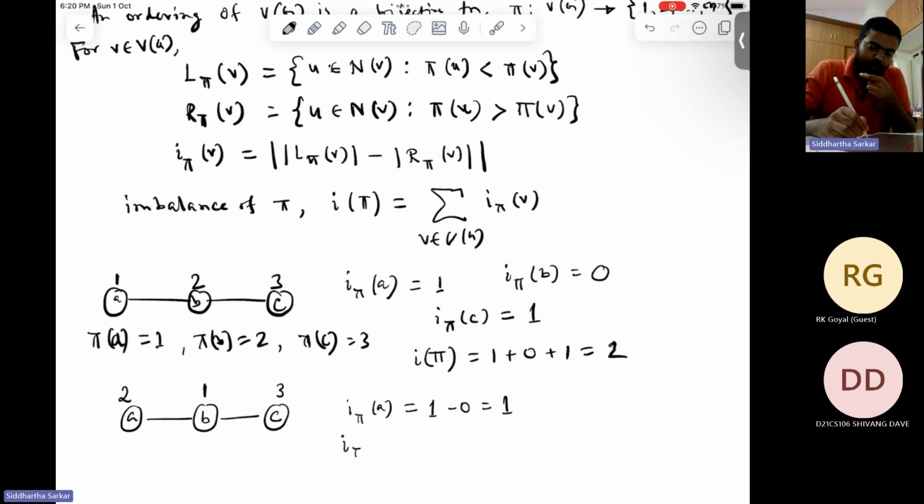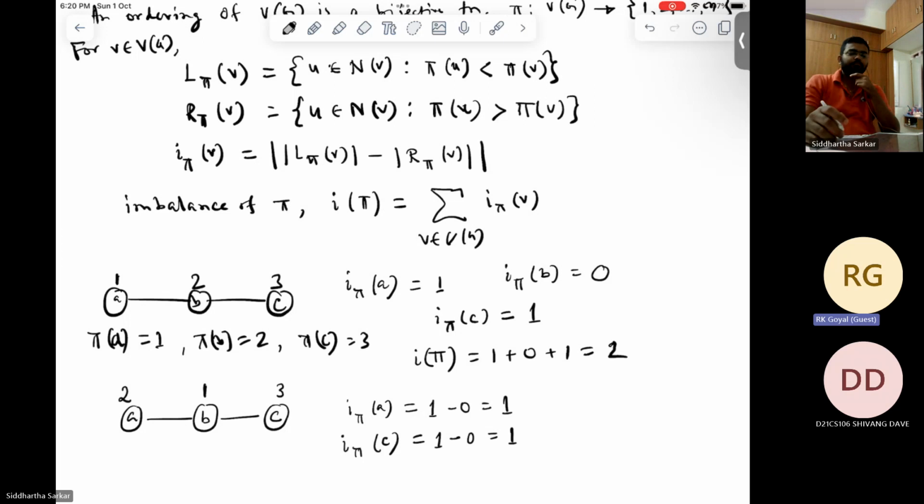So what about I pi of C? Here the value of left becomes 0 and the value of right becomes 1, so I pi of C is equal to 1.